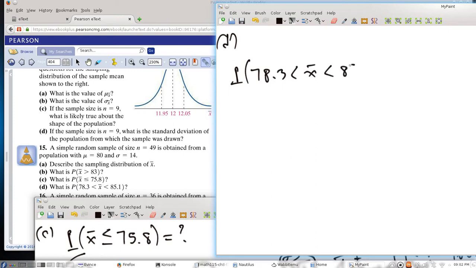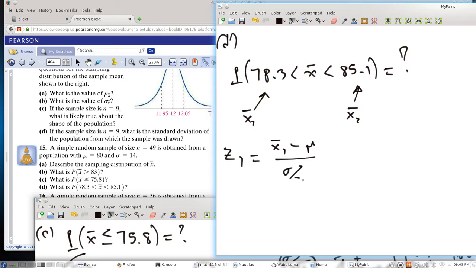Again, we need to find the z-value corresponding to 78.3 and the z-value corresponding to 85.1, and let's call this x1 bar, and we'll call this x2 bar. And now we will be computing the z1, which is associated with the x1 bar, like this, and then the z2 associated with the x2 bar, like this.